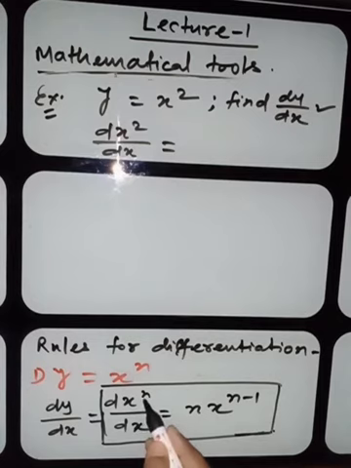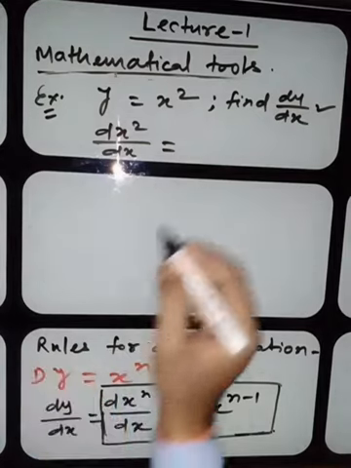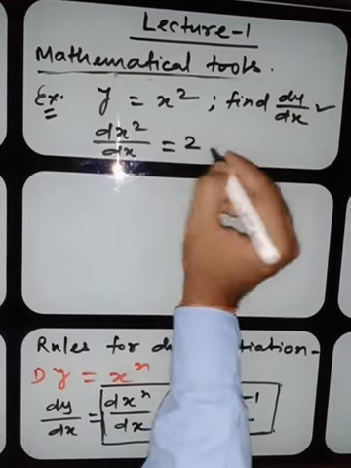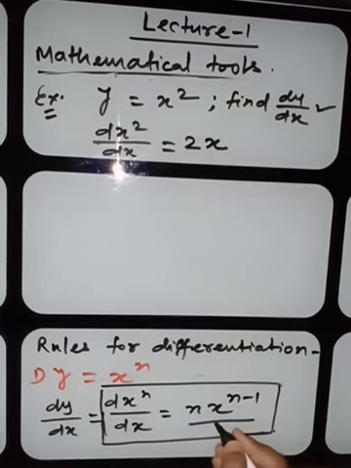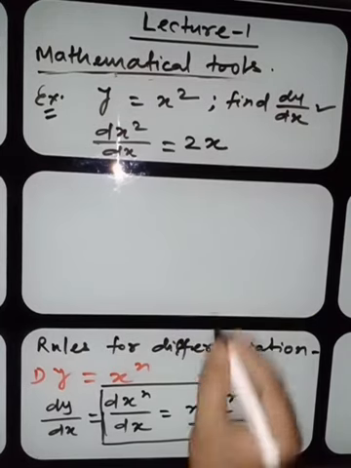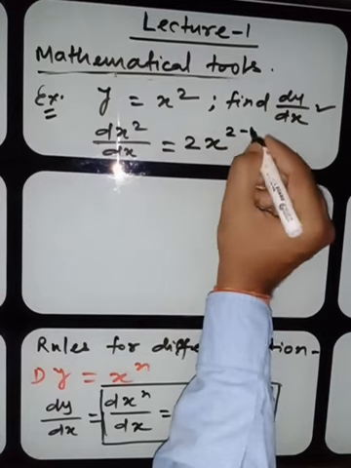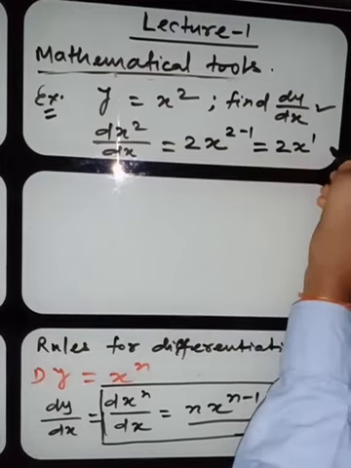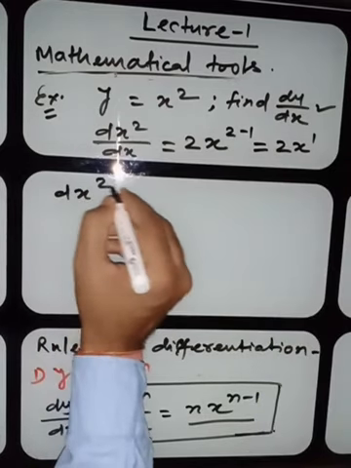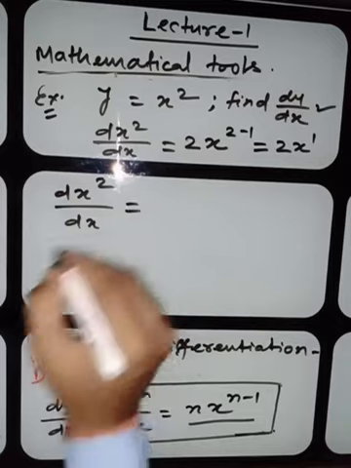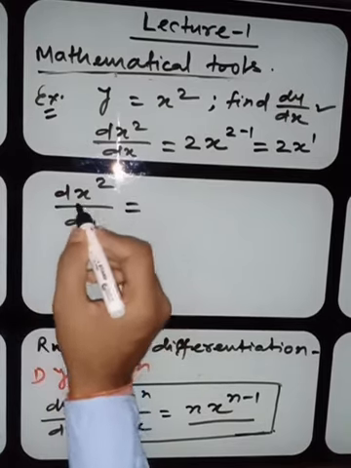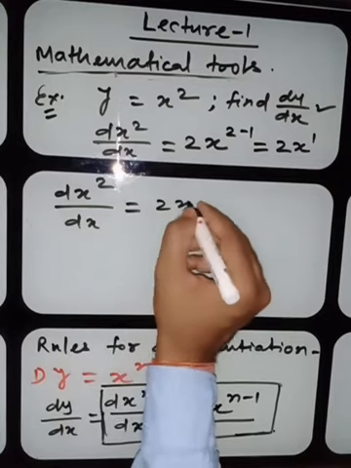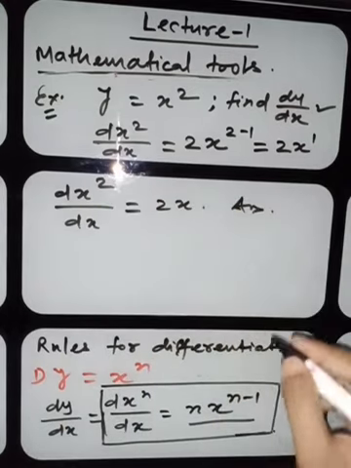At the place of n, we have 2. So the answer is n x to the power n minus 1. What is n? It is 2. The variable x will not change, remember always. So 2 x to the power 2 minus 1, how much is it? 2 x to the power 1. It means the differentiation of x square is 2x. Very simple. I hope you understand.